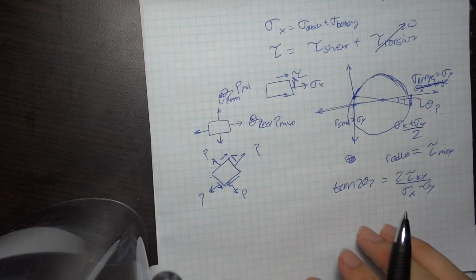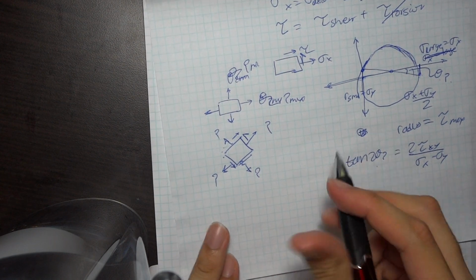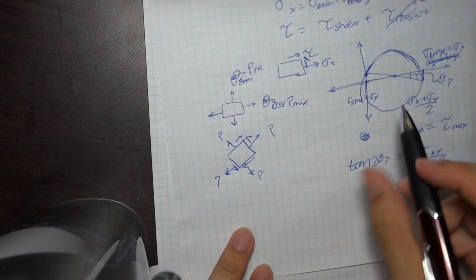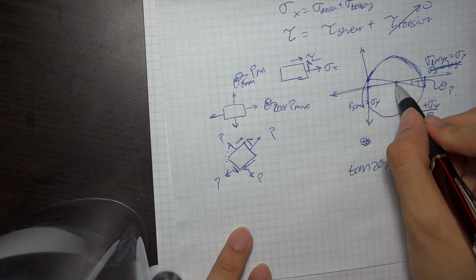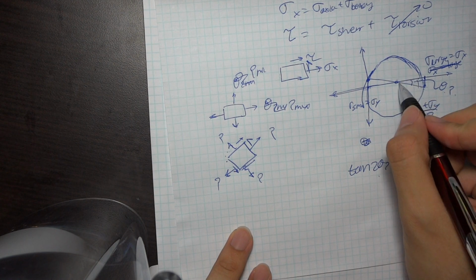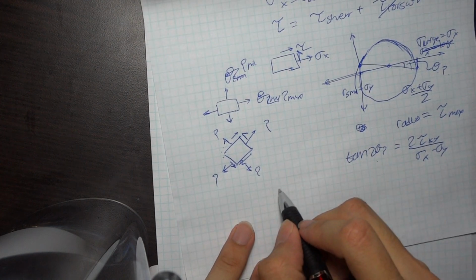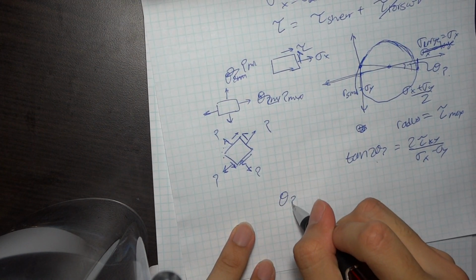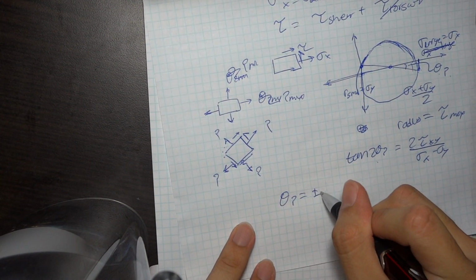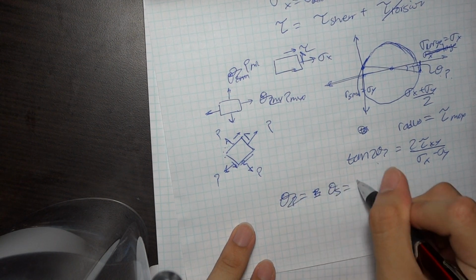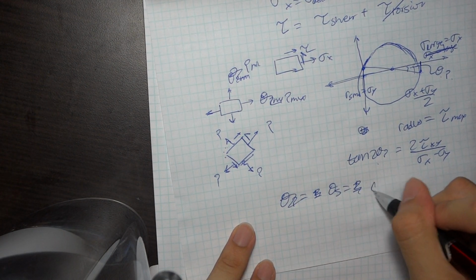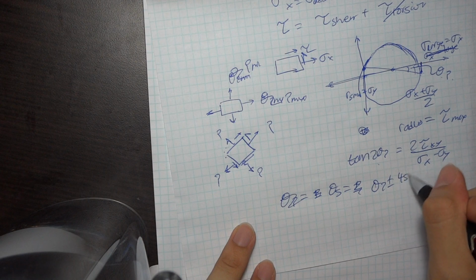Now, in our case, you can actually just use a handy little formula. Remember that the maximum principal stresses and the maximum shear stresses are going to be at right angles to each other. So what does that mean? That means that you can just use theta s equals theta p plus or minus 45 degrees.